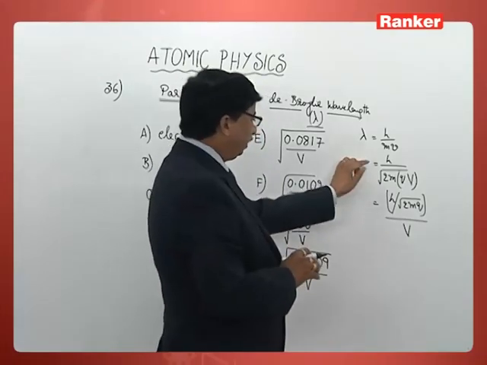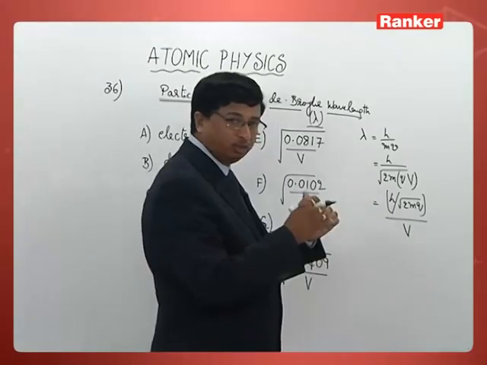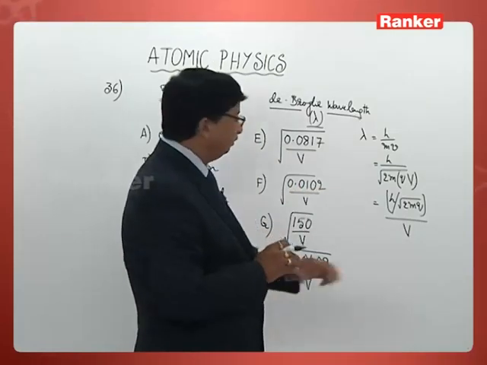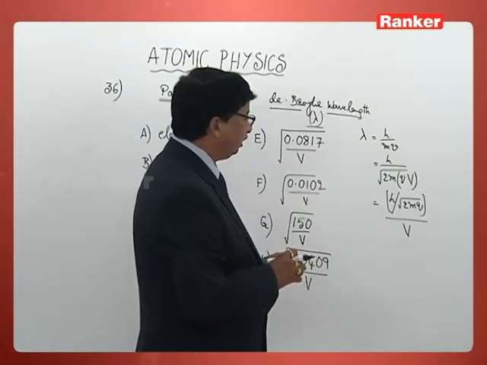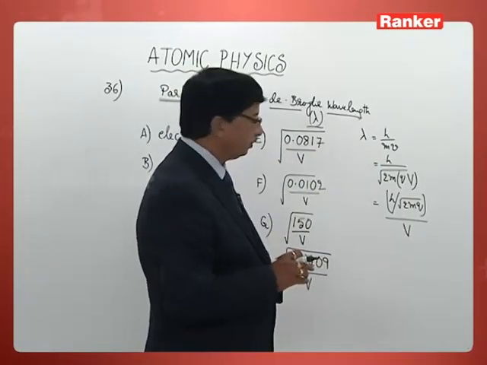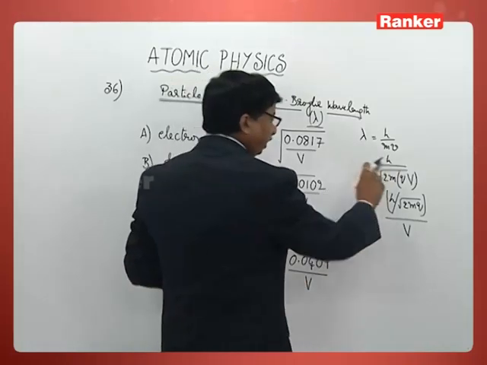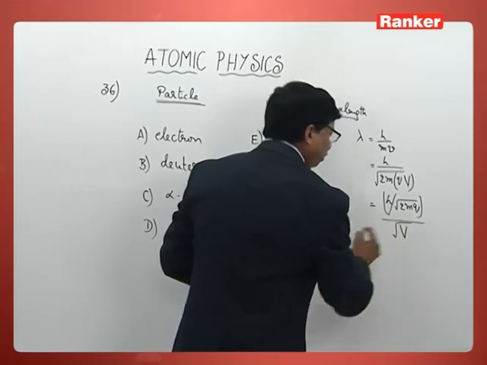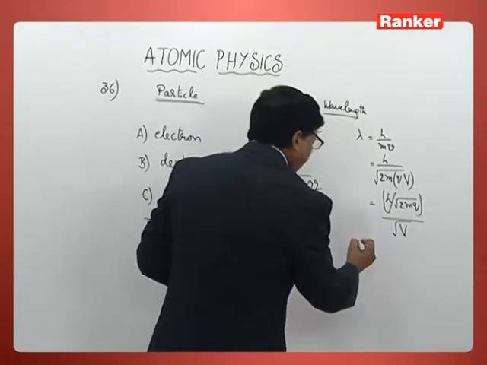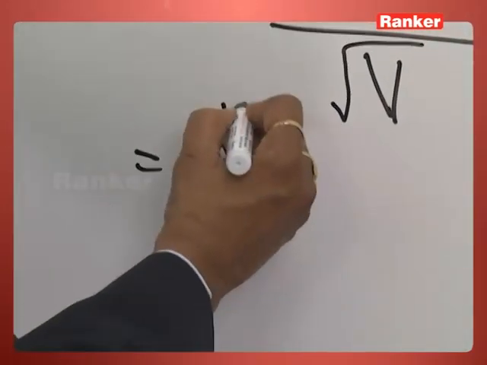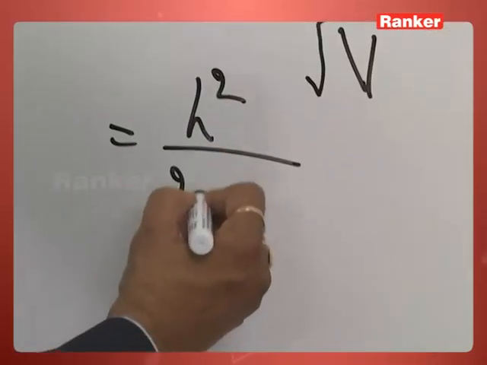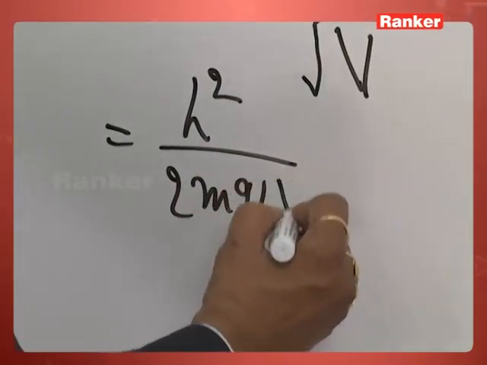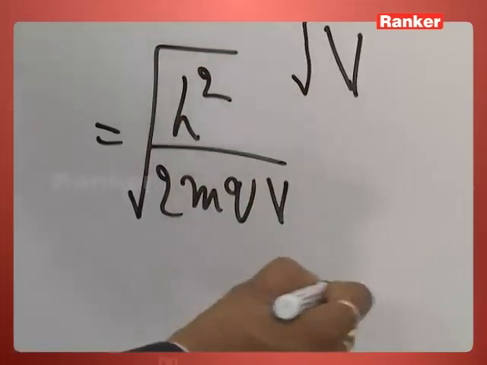And of course, if you take these values right into the root, then what will you get? You check once again in this particular case, please. If you take this directly into the root, you can write it under root V. So what can we write this as now? h square by 2mq into V, whole under root.